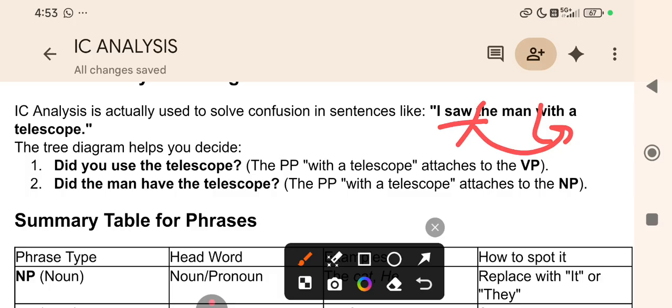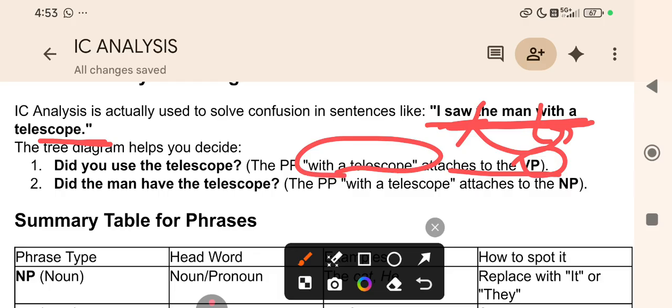So that is what they are saying, that it attaches to the verb phrase, "the man with the telescope". This whole group of words is attached with the verb phrase "saw", right? So that whole part is called the verb phrase, but "with the telescope" is attached with the verb phrase.